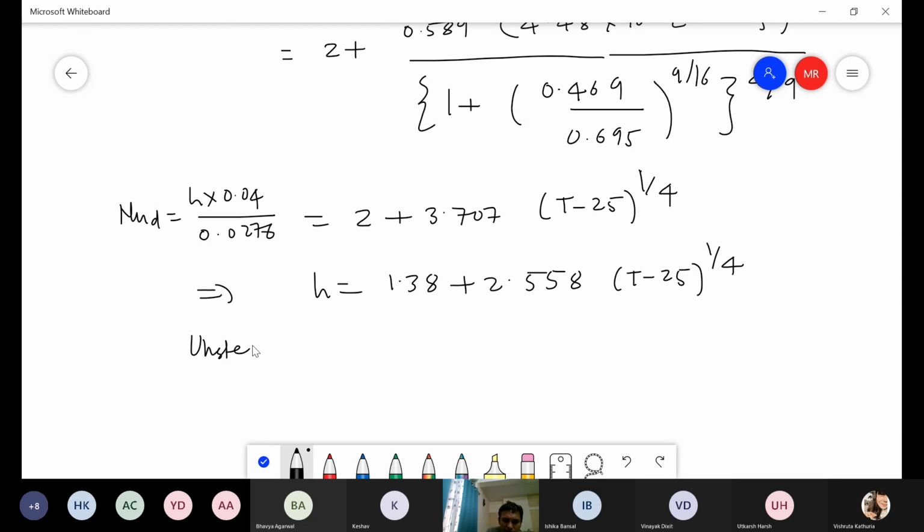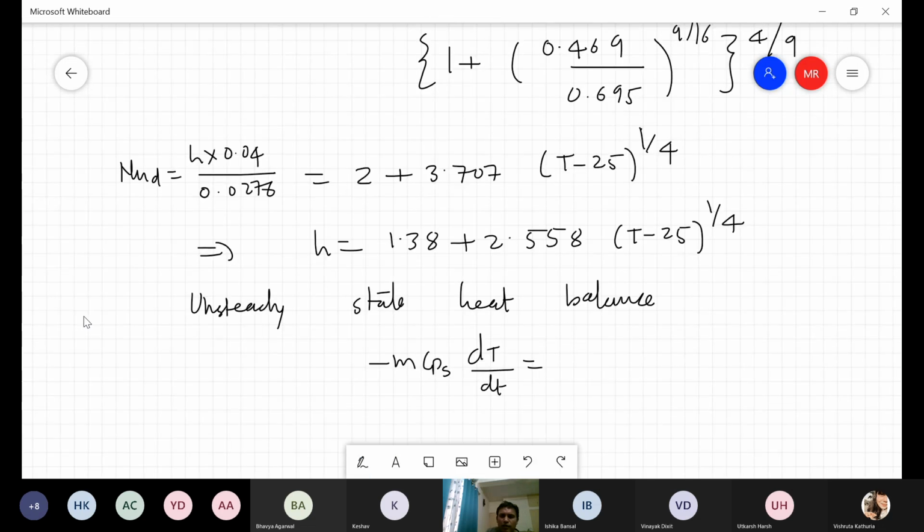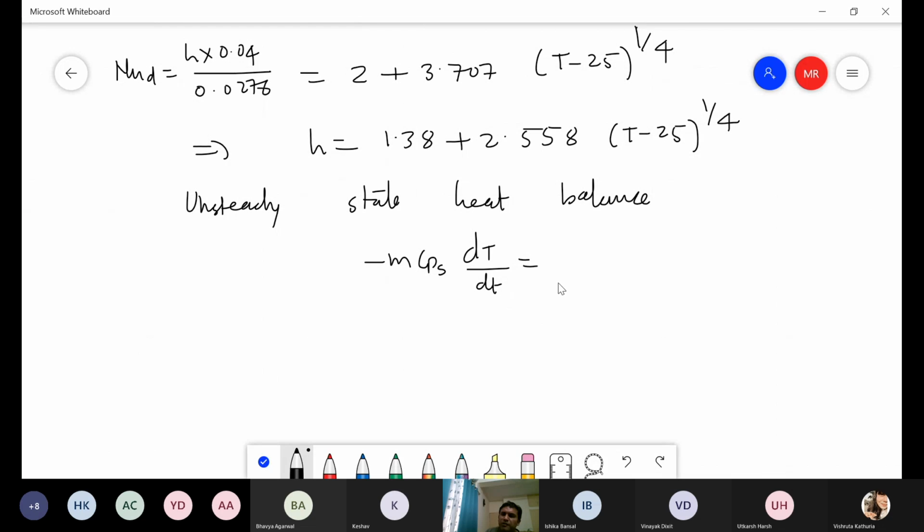So the unsteady state heat balance in this case can be written as minus m Cp dT by dt. So this left hand side is nothing but the heat lost by the sphere, and that should be equal to the heat transfer to the ambient. So that is given as hA (T minus Ta), isn't it?